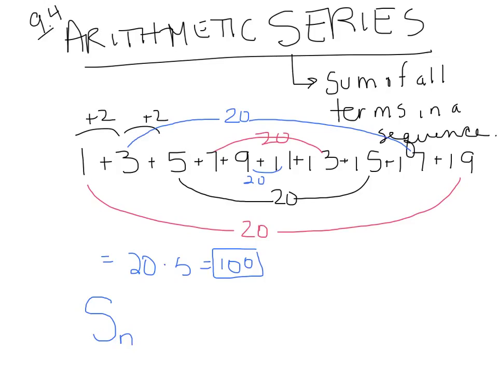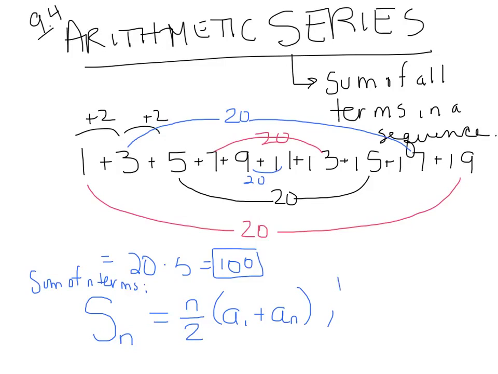So S of n is the sum of the first n terms, written Sn, and it will equal the first term added to the last term, and then, since I added those together in pairs, how many pairs did I have? The number of terms you have over 2. And that tells you what your sum is in total.